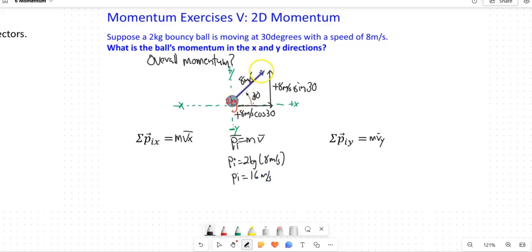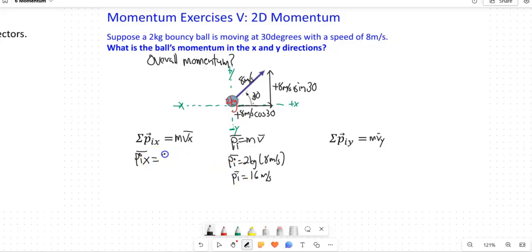Since that velocity is at a diagonal, this is neither plus or minus. It's just a number, just like our vector addition in 2 dimensions. But it does become plus and minus when we break up this diagonal to our coordinate system. So what we're going to have is the initial momentum in the x direction.